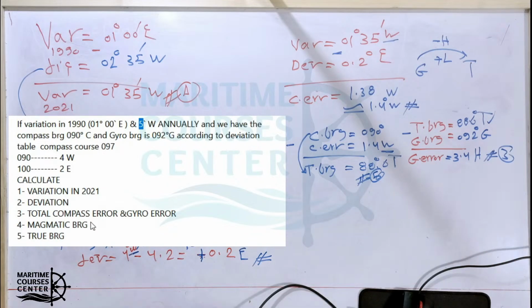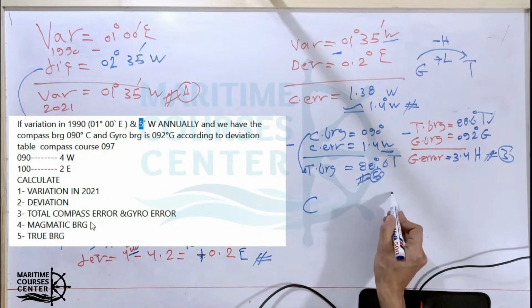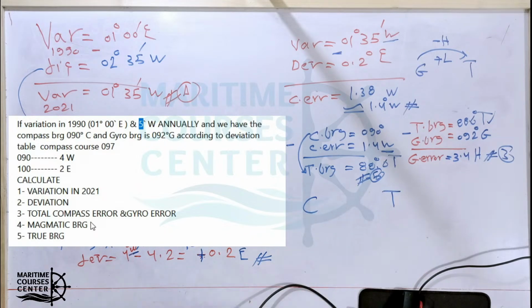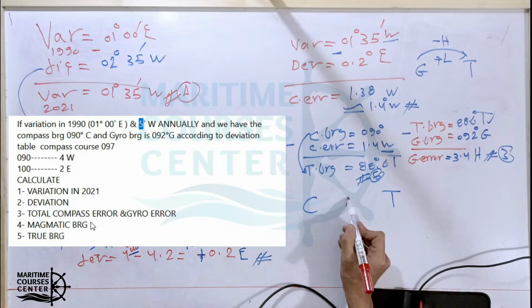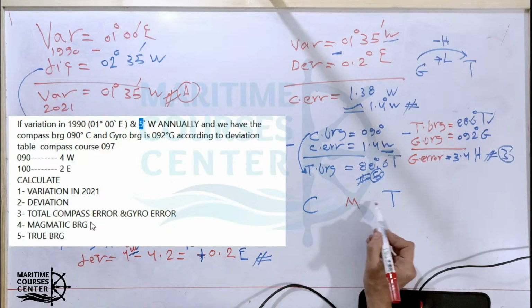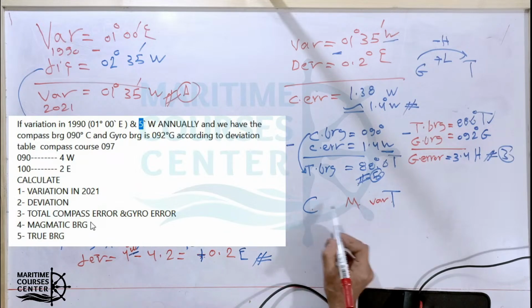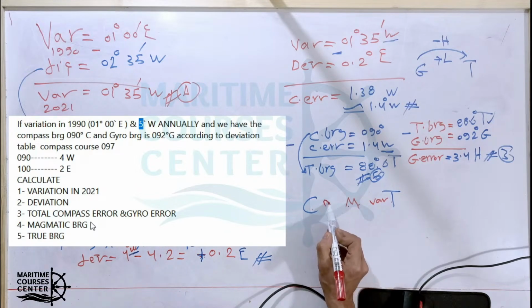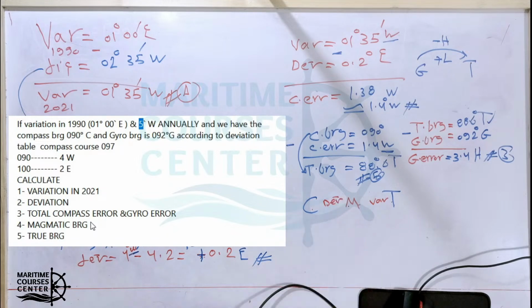We wanted to calculate the magnetic bearing. Okay, so let's first know something very important. Here we have C, here T, and here M. Between magnetic and true is variation, and between compass and magnetic is deviation. So right now we want to calculate the magnetic.